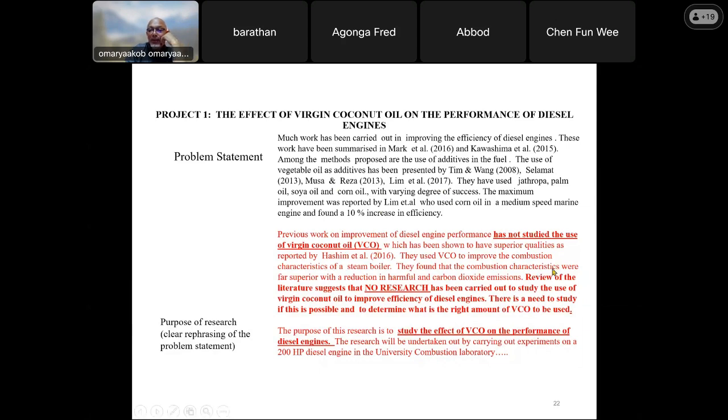They found that combustion characteristics were far superior, with a reduction in harmful emissions and carbon dioxide. So the literature review suggests that no research has been carried out to study the use of virgin coconut oil to improve the efficiency of diesel engines. There is a need to study if this is possible and to determine the right amount of VCO to be used. So this is a problem statement.